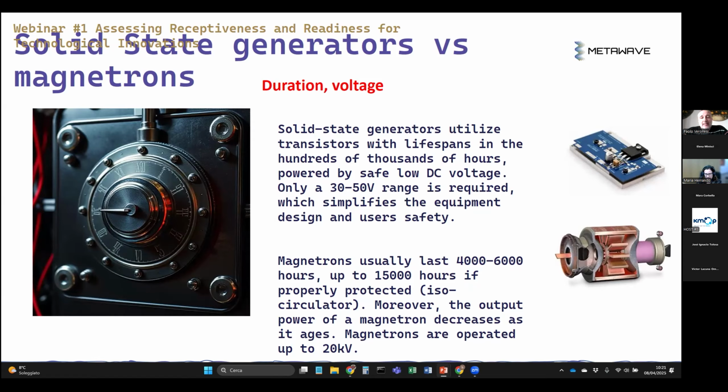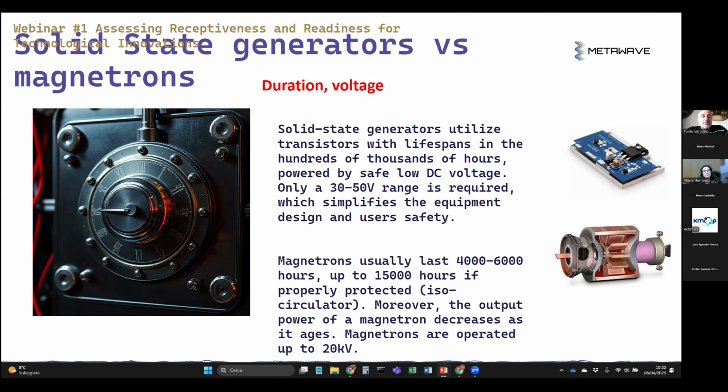Instead, magnetrons usually are rated for 6,000 hours or up to 15,000 hours, but they have to be carefully operated. So much longer lifespan, and also something concerning safety, because magnetrons usually are fed at kilovolt voltage, while solid-state generators operate in DC current and only 30, 50 volts. So it's much safer, and the systems are usually easier.